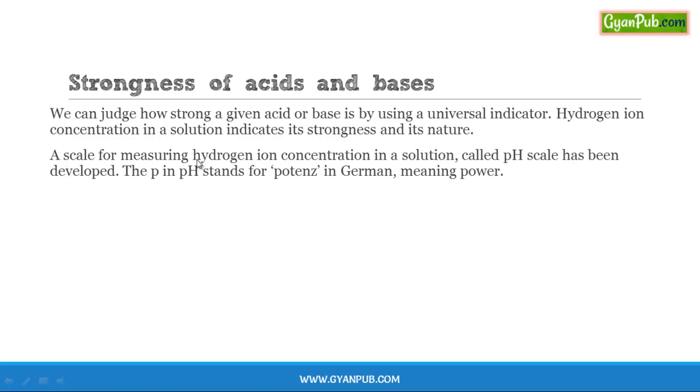A scale for measuring hydrogen ion concentration in a solution, called the pH scale, has been developed. The pH scale indicates the hydrogen ion concentration in any substance, and also tells about its nature. The P in pH stands for potenz in German, which means power. So H+ ions indicate the power of any substance, whether it is acidic or basic.